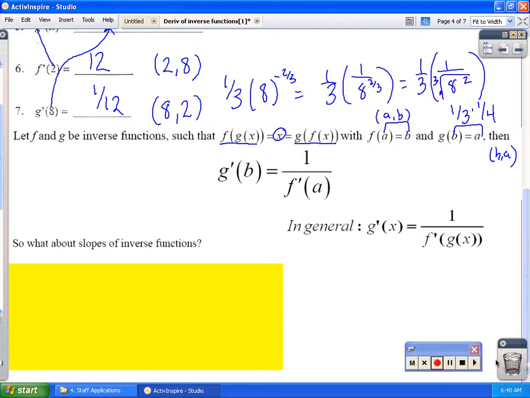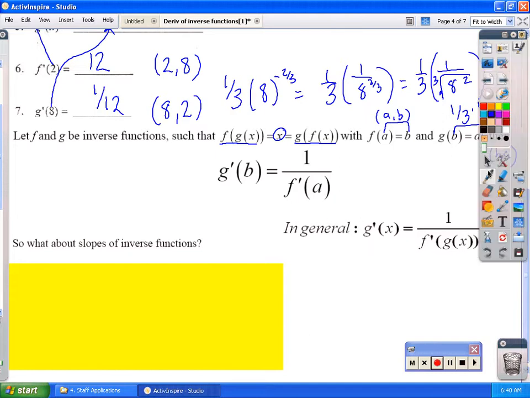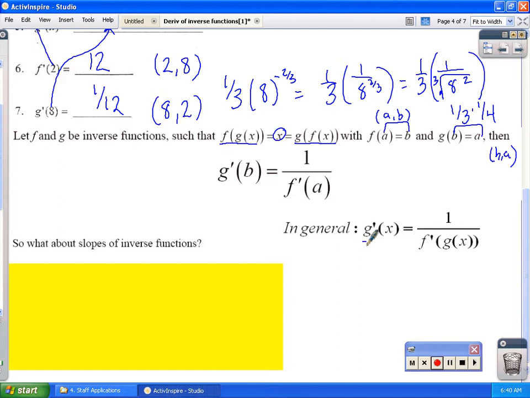Another way of stating that is that if g is the inverse of f, then the derivative of g is 1 over the derivative of f of g of x.